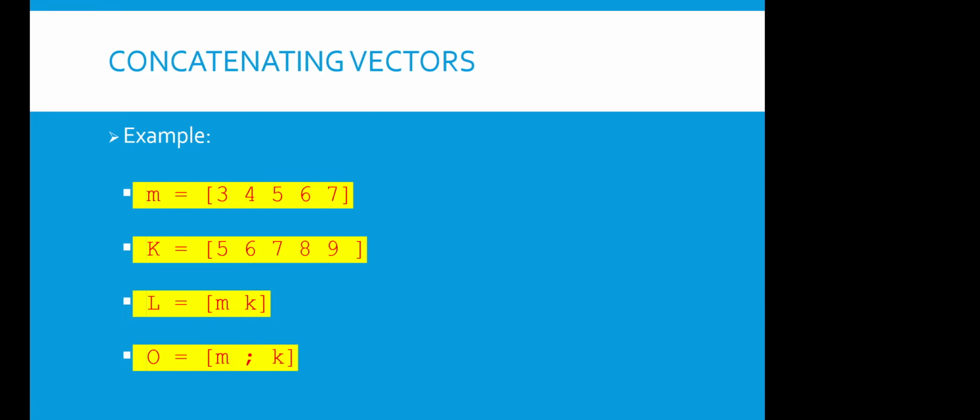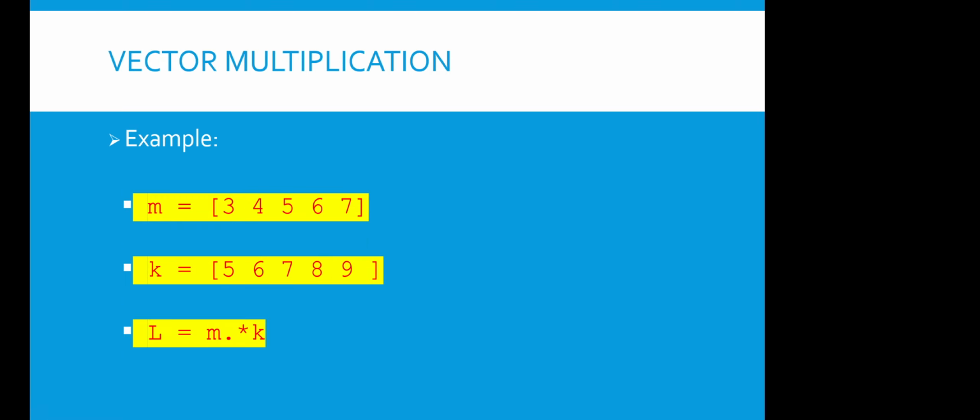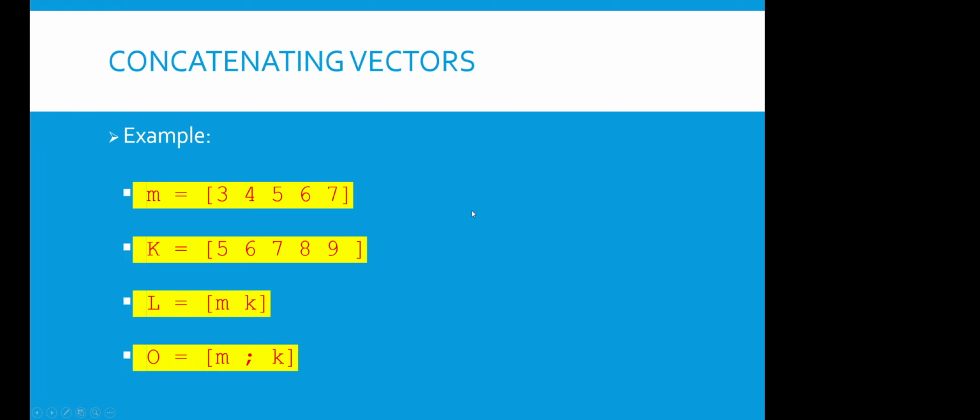So in the concatenation of vectors, it's basically adding two vectors. Like I was giving you an example of a convolutional neural network, right? I will have an image. What I need to do is cut these pixels and make time series data, right?